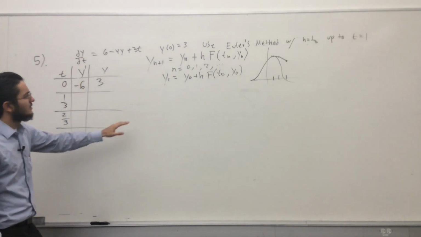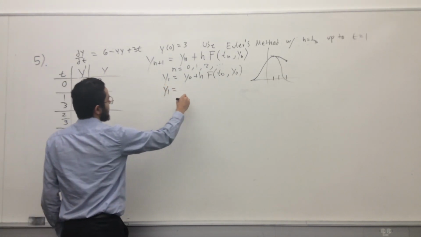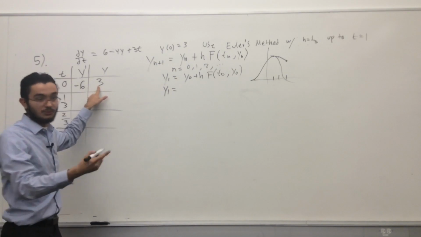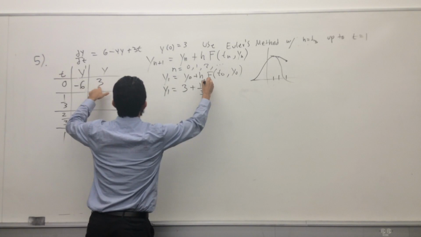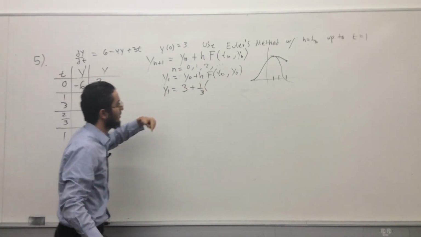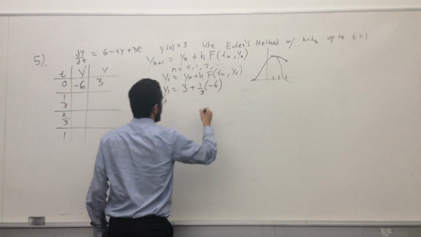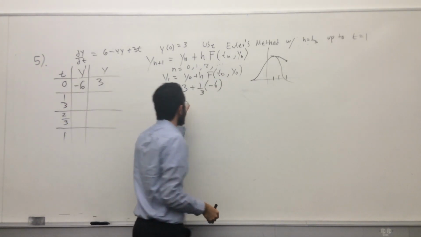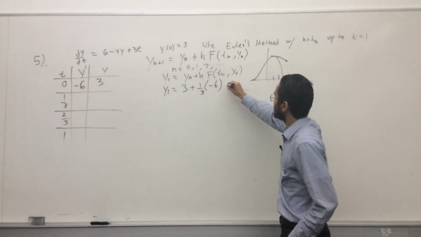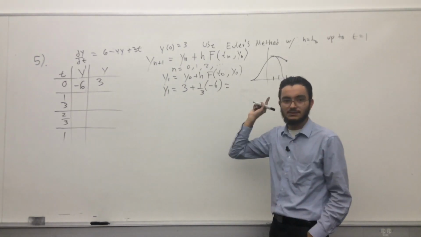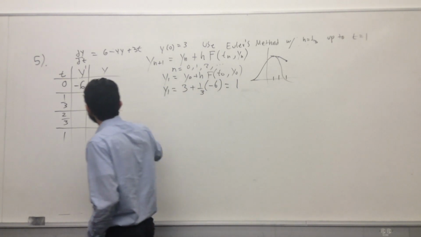So y1 is going to be y0, which is 3, plus 1/3, which is the step size, multiplied by the derivative evaluated at t0 and y0, which we found is negative 6. So we're going to have 3, and then negative 6 over 3 is negative 2, so it's 1.